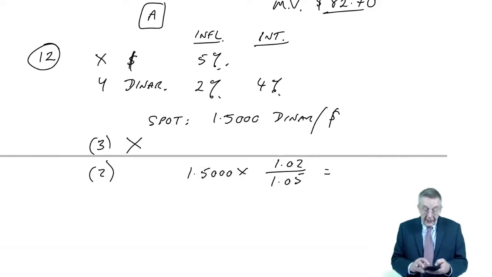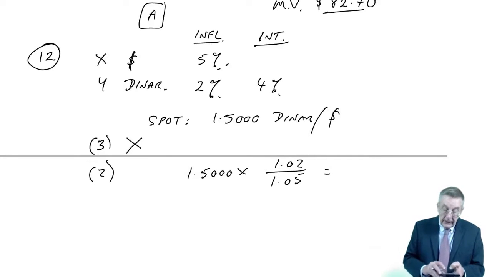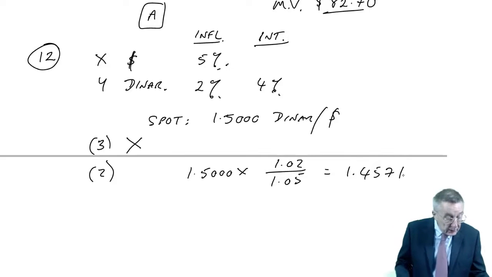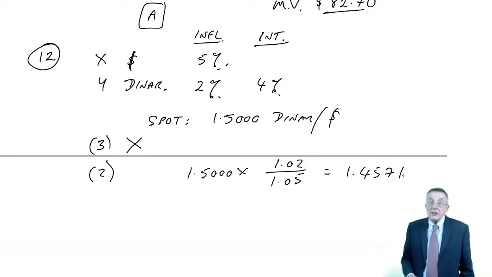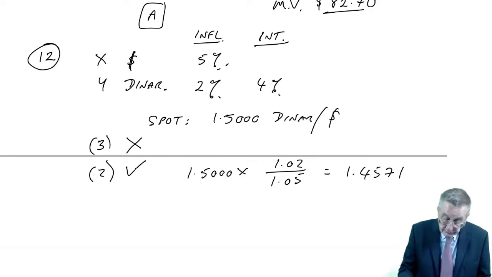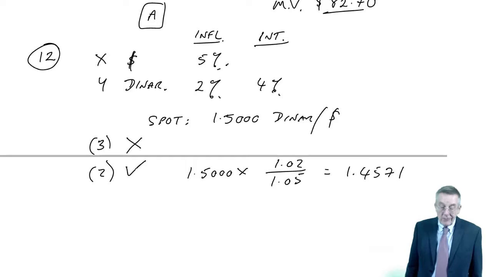And so the forecast exchange rate is 1.4571. And is that what it said? Yes. So number 2 is correct. And now just look at the choices.